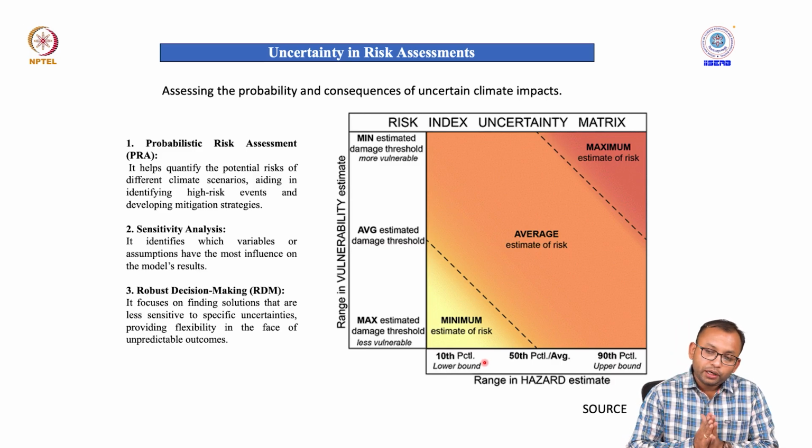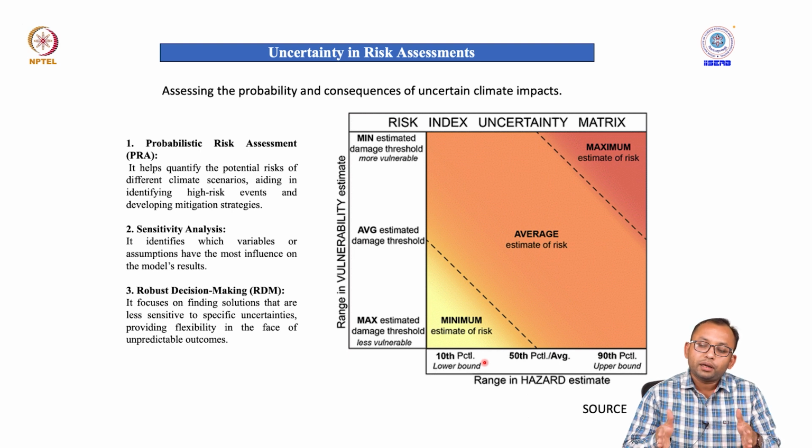Then why is it important to quantify uncertainty? It is very important to understand, because if you do not know the uncertainty, let us say you have one value, then having some certain bounds is important, which can be used for multiple vulnerability assessments, risk assessments, or hazard level assessments.